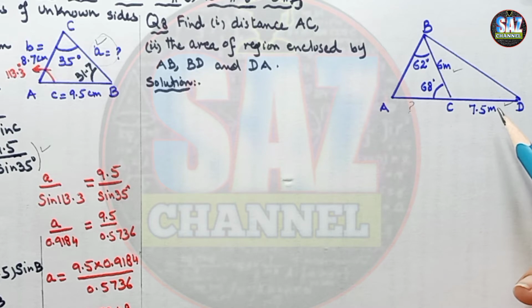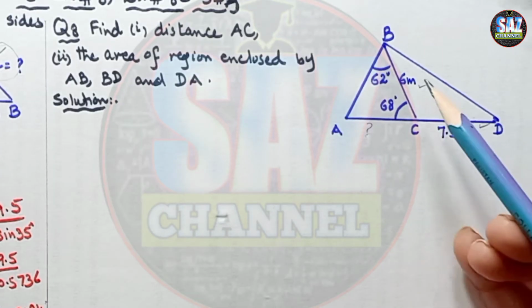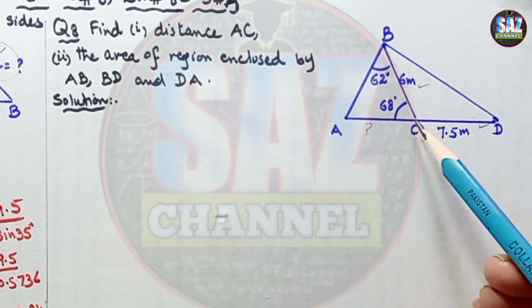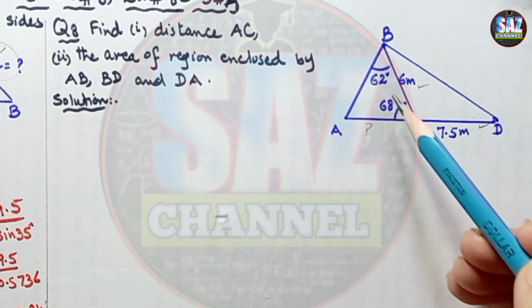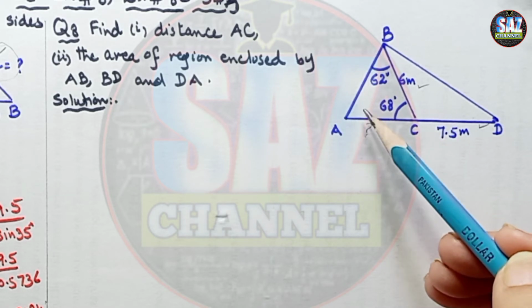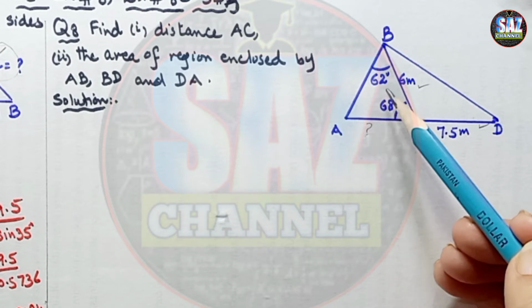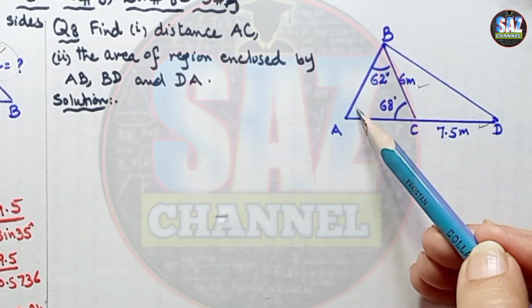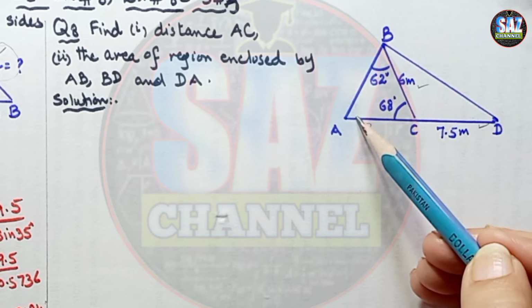So let's move to the solution of the question, and before the solution let's look at the diagram carefully. We can see that in triangle ABC two angles are already given, so I can find the third angle easily because we know that the sum of interior angles of a triangle is always 180 degrees. So this problem can be easily solved.